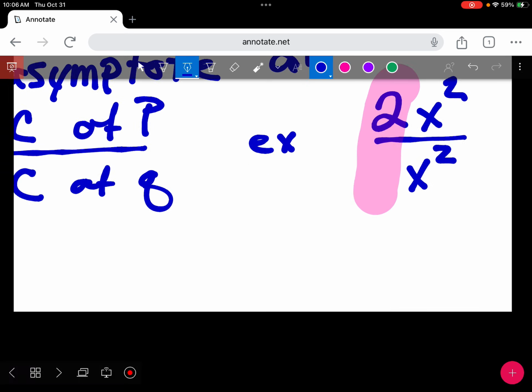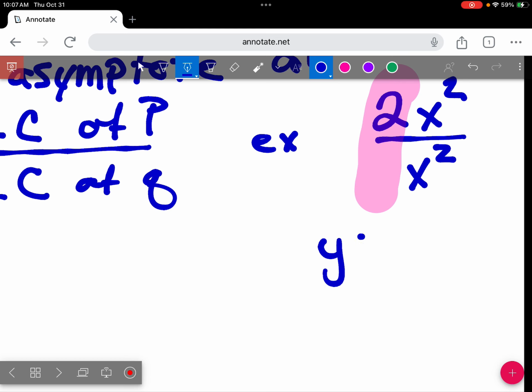So this would have a horizontal asymptote at y equals 2, since 2 over 1 is 2. It's the ratio of our leading coefficients. There's a way to make both of those be the same thought process, which I'll show you when we look at them, but I'm going to start by writing it out like this.